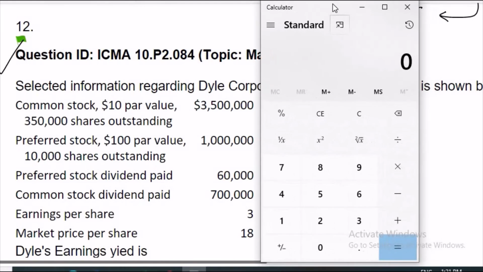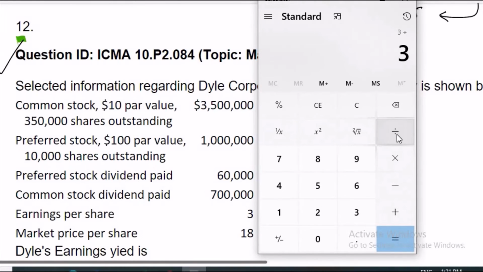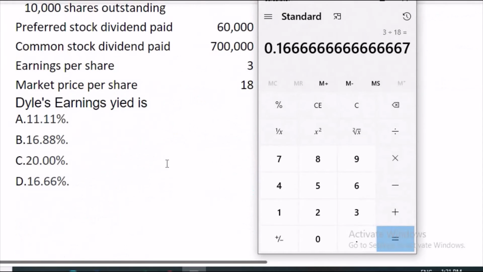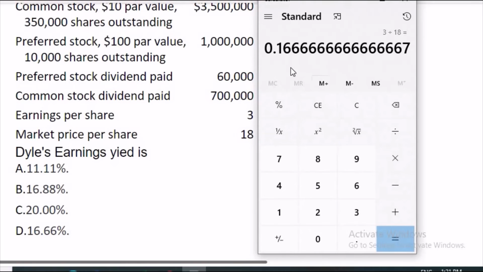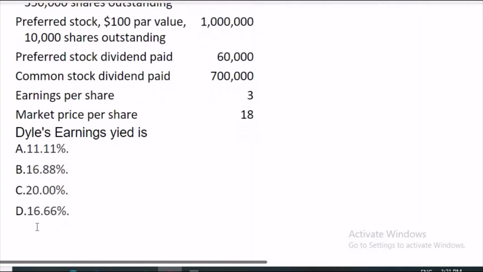I will be showing you the calculator. 3 divided by 80. The answer should be 0.666. The correct answer is D, 18.66.